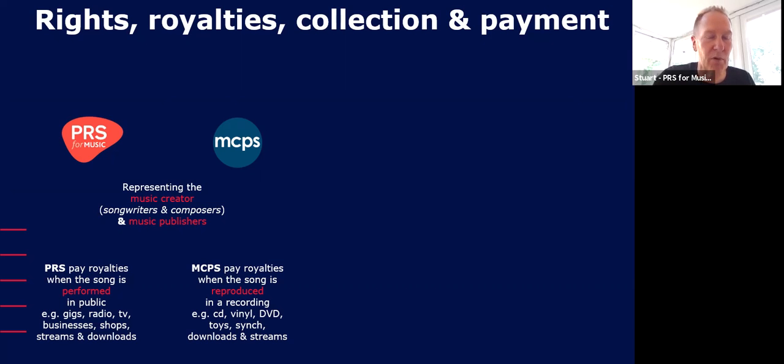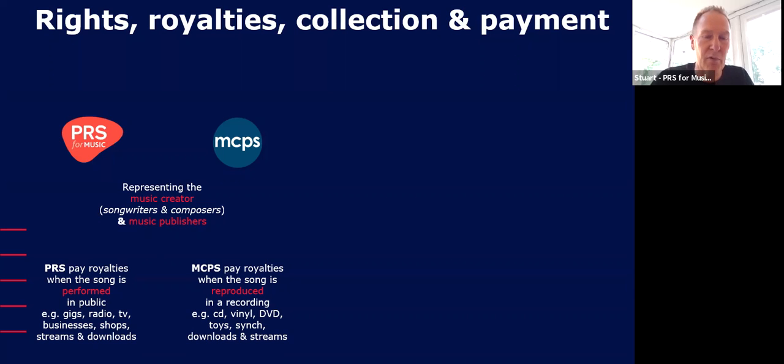If you look at the bottom of your screen, you'll see that PRS pays the royalties for the public performance of the song. So shows, gigs, DJ shows, live bands, artists, singer-songwriters, radio, TV, streaming, all the music that's played out in shops and businesses, retailers, that's the performing right.